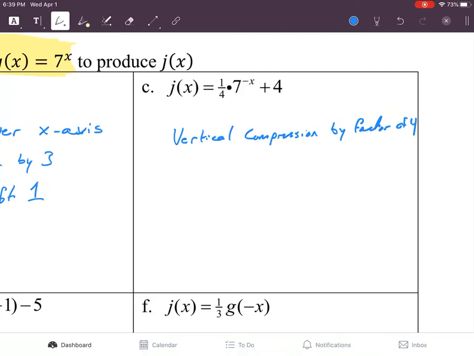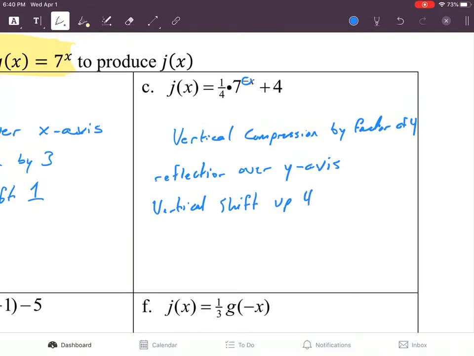This negative sign is going to be a reflection over the y-axis. And lastly, we have a vertical shift up 4.